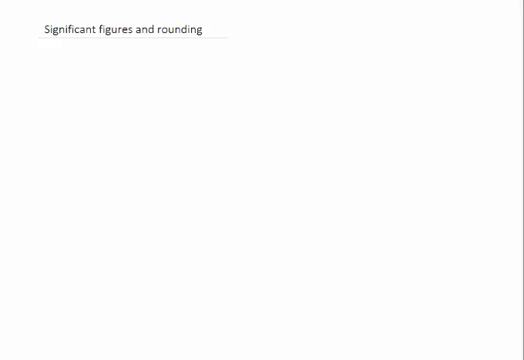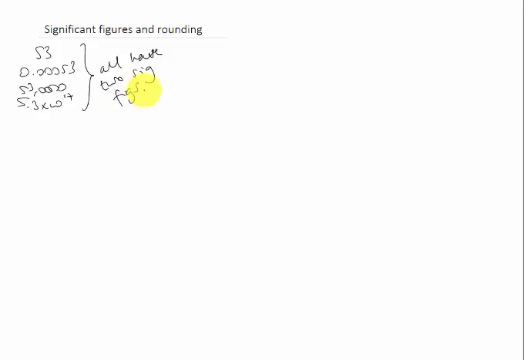Now let's talk about significant figures for a minute. So if I write all these numbers, 53 or 0.00053 or 53,000 or 5.3 times 10 to the power 17, these all have two significant figures.